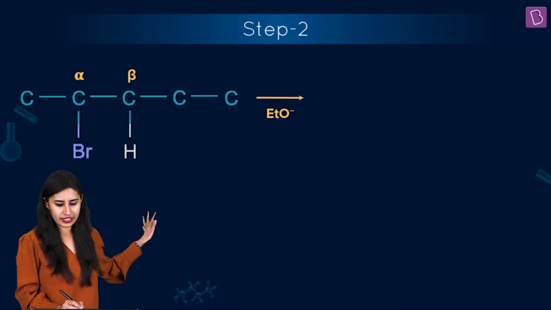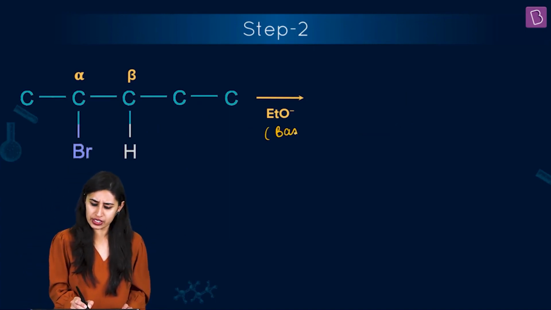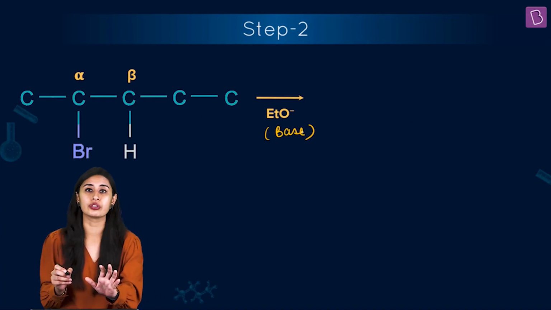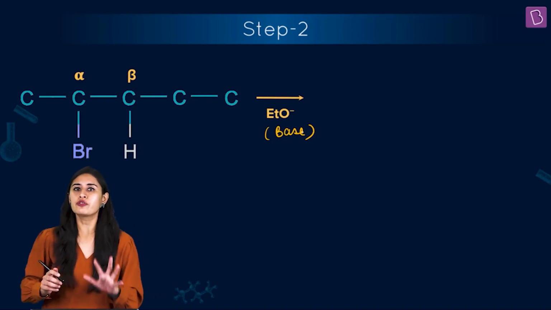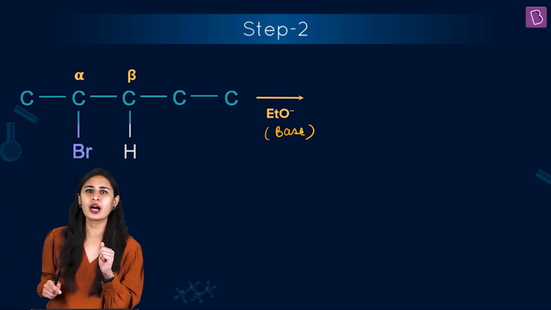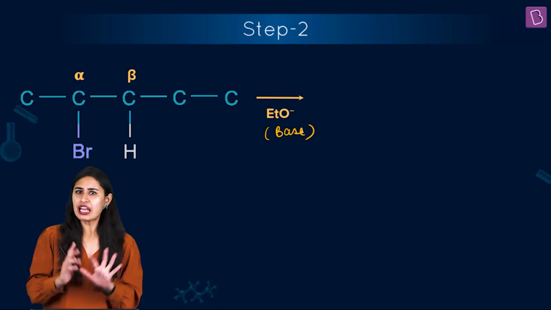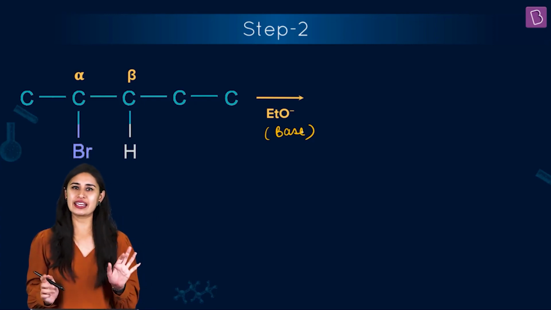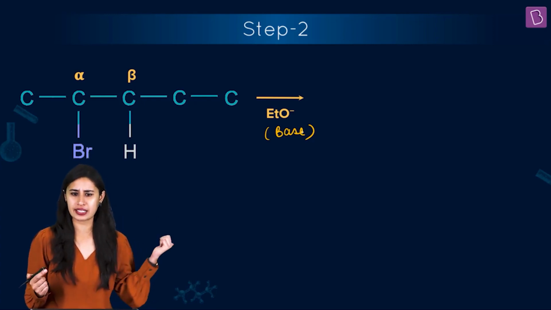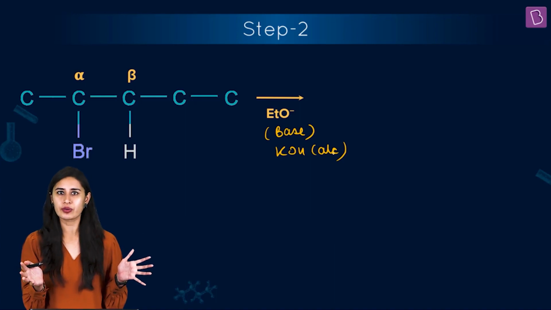As for the base that we use, until and unless mentioned, let me give you a hint: for the Hoffmann product, a bulky base will be intentionally mentioned. If not mentioned, we take a base like EtO minus or alcoholic KOH. That's generally what we take, right?